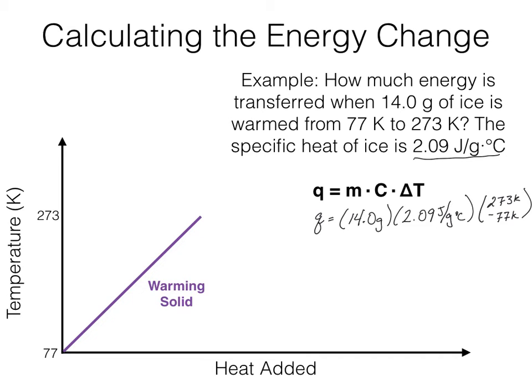Now, those of you who are astute probably notice that my units aren't going to cancel. And so what I'm going to do is I'm going to convert these to Celsius so that my units work. And so to do that, I'm going to subtract 273 from each. And so I have 0 degrees Celsius minus a negative 196 degrees Celsius.